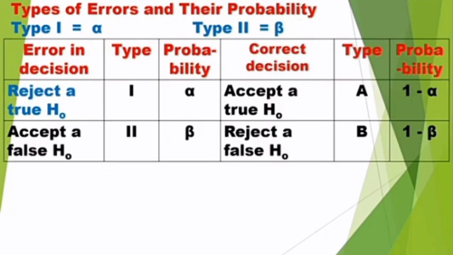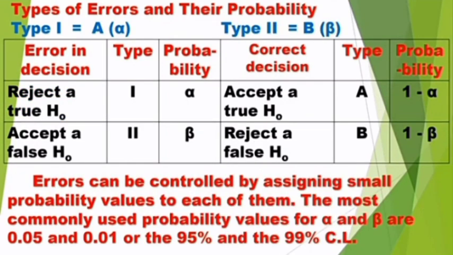Its probability is beta. If you accept a true null hypothesis, it is a correct decision, and its probability is 1 minus alpha. If you reject a false null hypothesis, it is also a correct decision, and its probability is 1 minus beta.